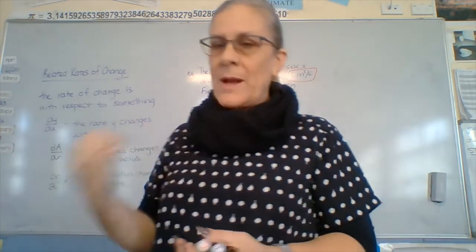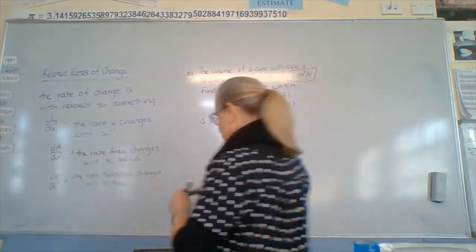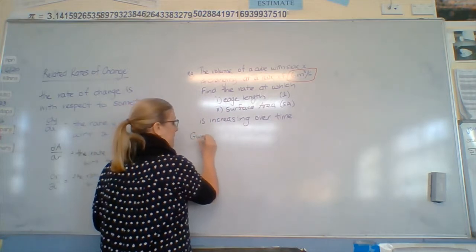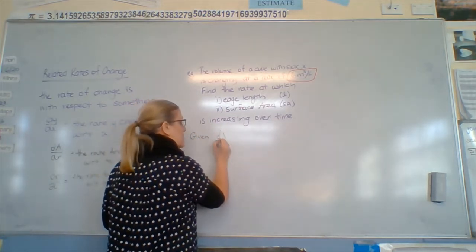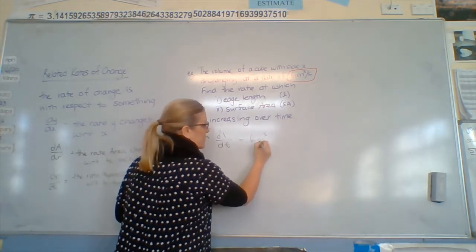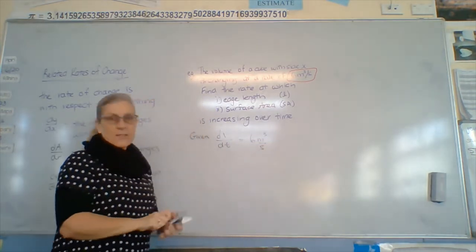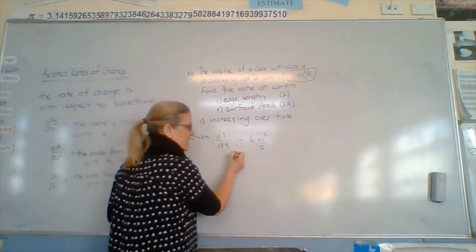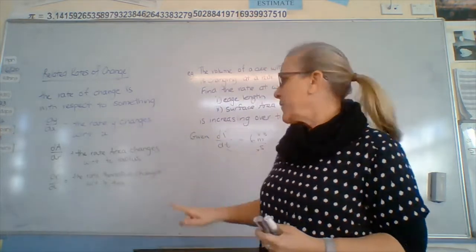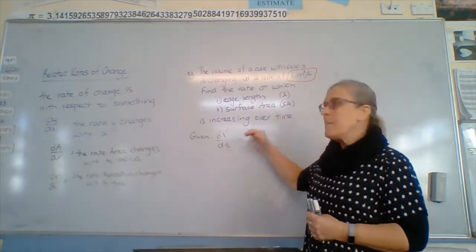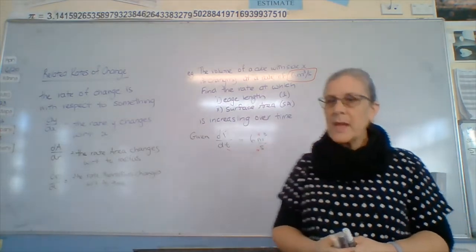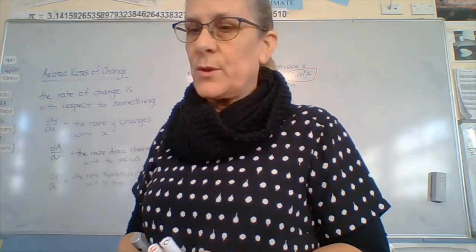So you've been given that the volume is changing over time by 6 meters cubed per second. The link here is that this is time, seconds, and this is volume, meters cubed. So you can figure out what you're writing at the front based on what you're writing at the end. You look really carefully for those sort of things.